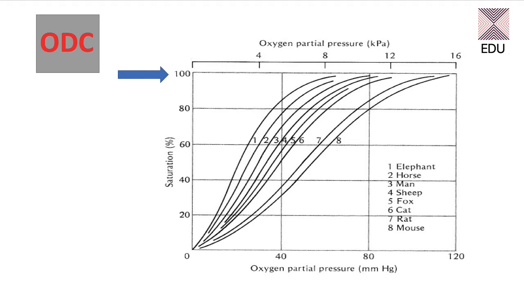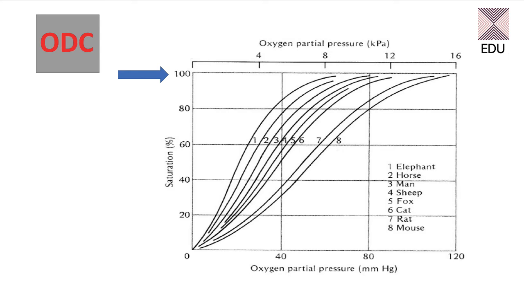Some of the animals, like if you see curve number 2 for horse, curve number 5 for fox, these are not going above 85 or 90. I should say 95.